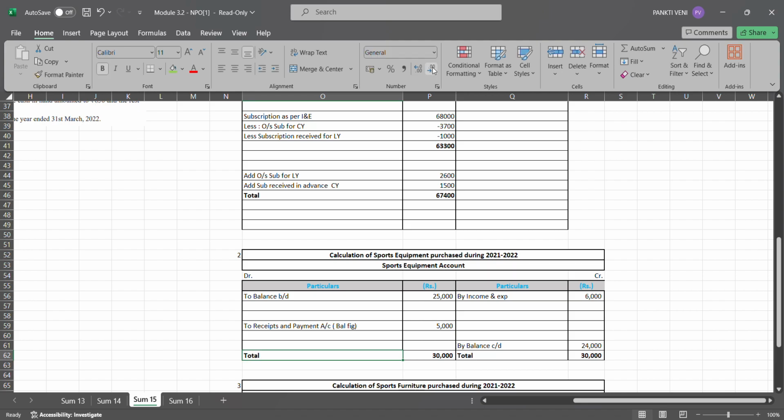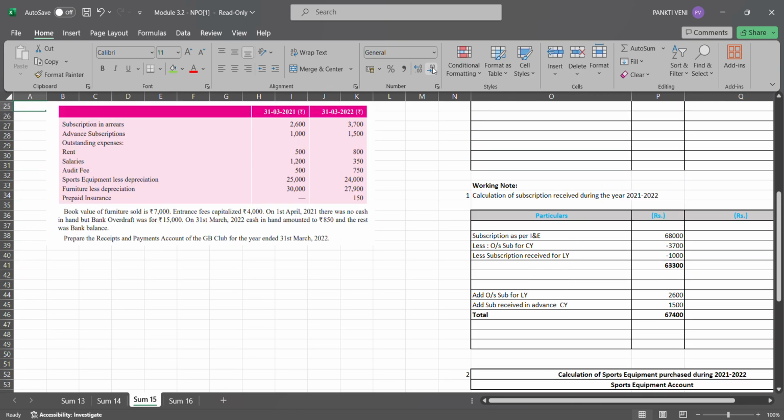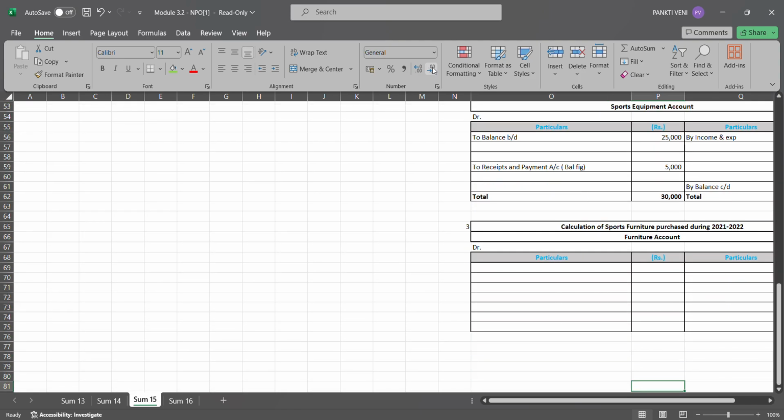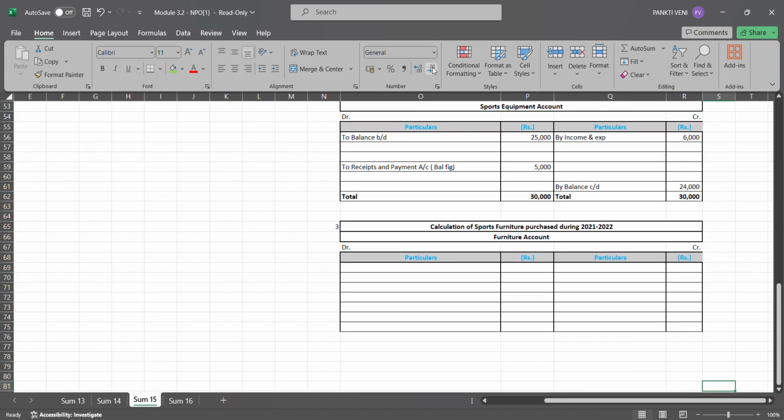Now I'll go for the next one. If you check the question again, you have furniture less depreciation. So the opening and closing balance of furniture is given to you. What you'll do, you'll come to the next working note and note down your opening and closing balance.